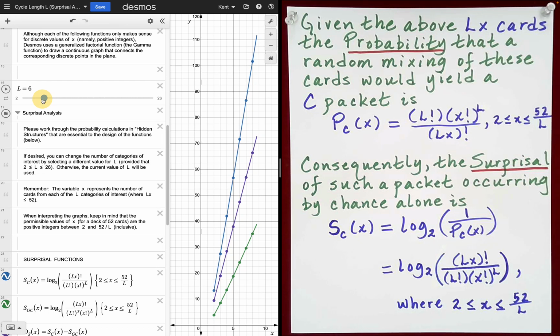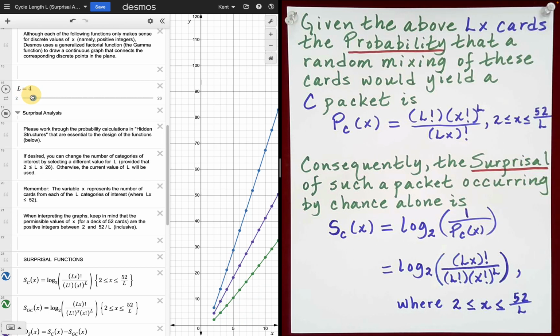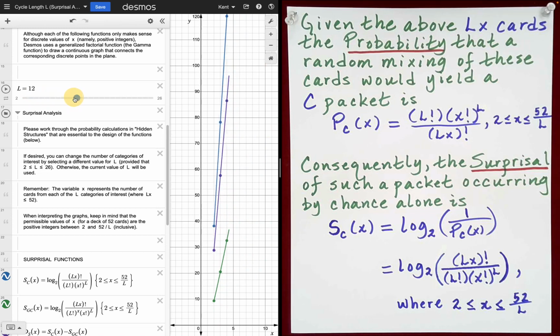So this activity could be used to find Surprisal values for cyclic packets with cycle length 2 that we've already covered, for cycle length 4, which we also covered, and then we also did a little video on cycle length 13. Well, we can find all of those values within this one activity. So this is a powerful little Desmos activity to keep safe for future reference.